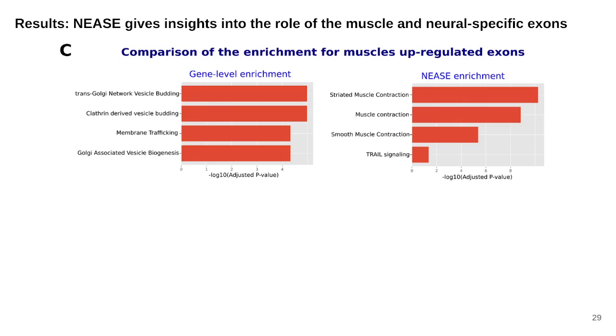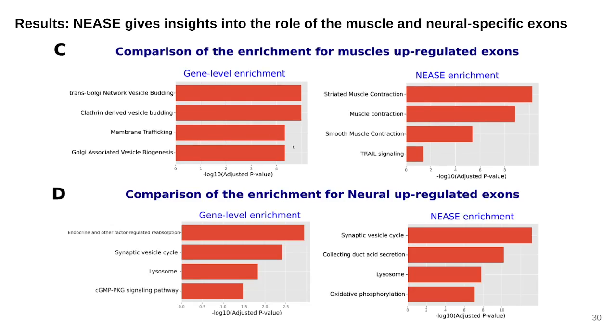Then we compared it to NEASE enrichment, and you can see over here that gene level enrichment gives very general terms, compared to NEASE enrichment that captures a lot of muscle specific terms. This is for exons that are upregulated in muscle and heart tissues. We also saw similar things in neural tissues, where we found really good enrichment of the synaptic cycle pathway.